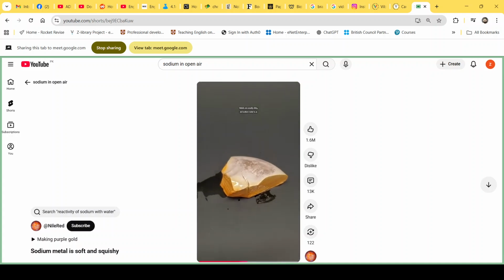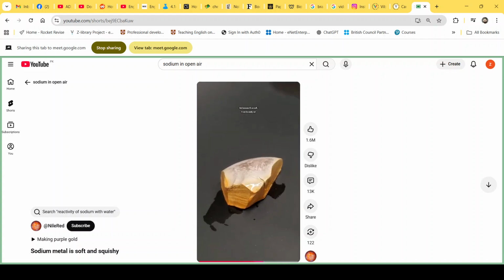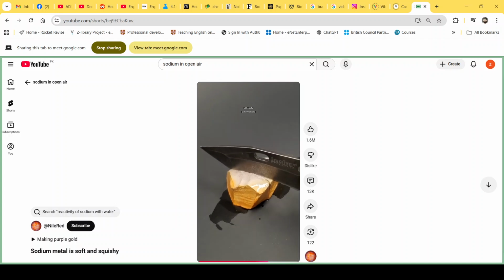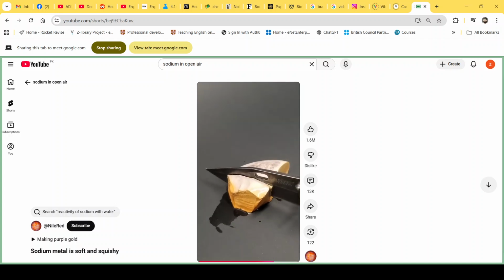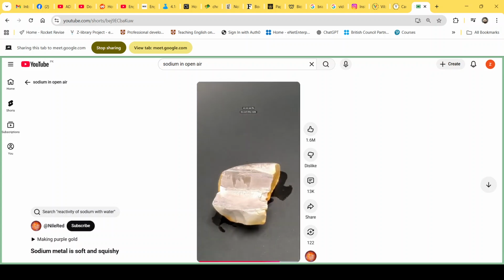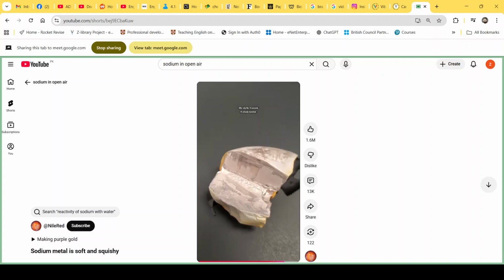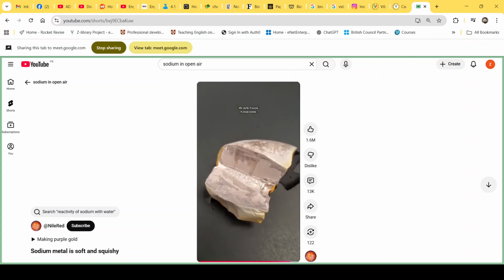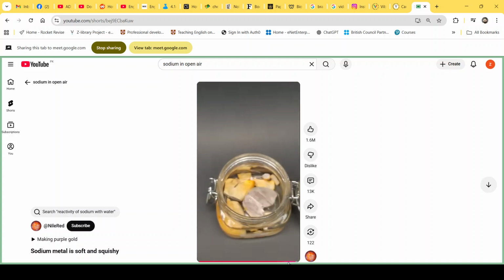Metals are usually shiny, and sodium metal is as well, but because it's so reactive, it quickly tarnishes. Because it's so soft, it can be easily cut with a knife, and on the inside we can see the nice and shiny metal. After only 10 seconds, it's already tarnished. You can see how quickly the color went from shiny to dull, and that is the sodium reacting with the air.